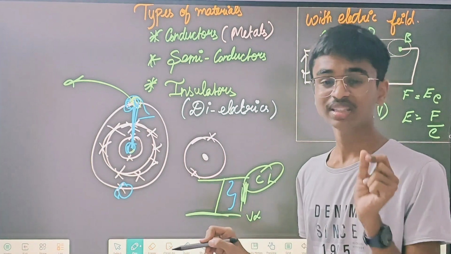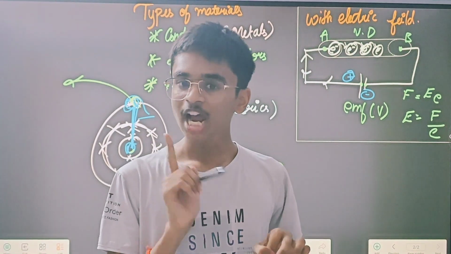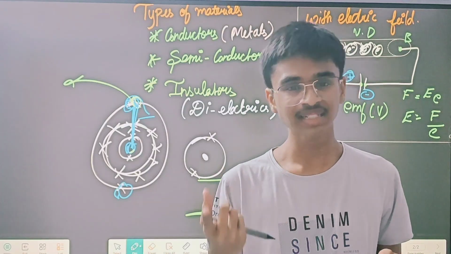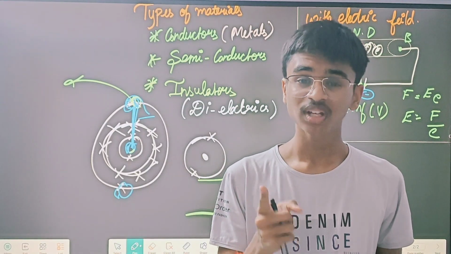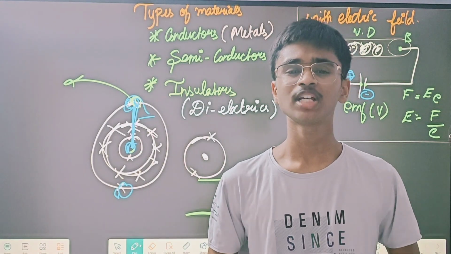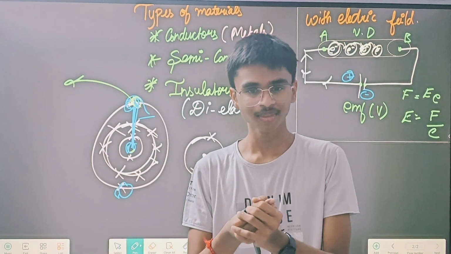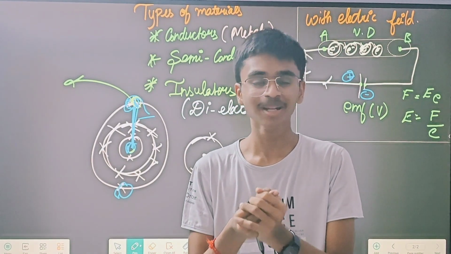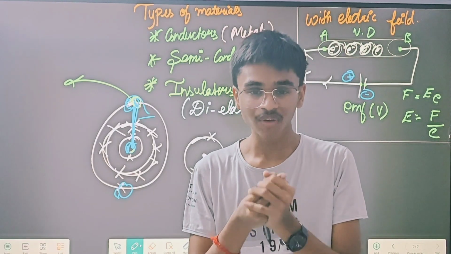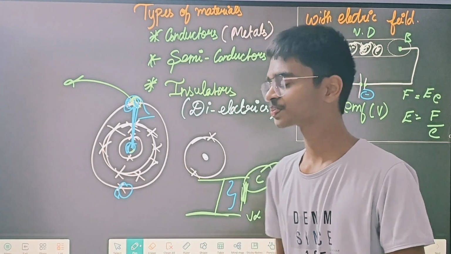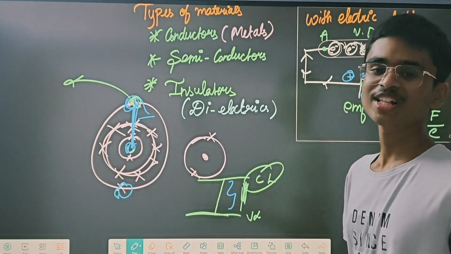So some specific insulators can conduct electricity if a large amount of voltage, a large amount of EMF, is given to them. Wow, isn't that amazing? That means there are a few exceptions in insulators. Okay, perfect.